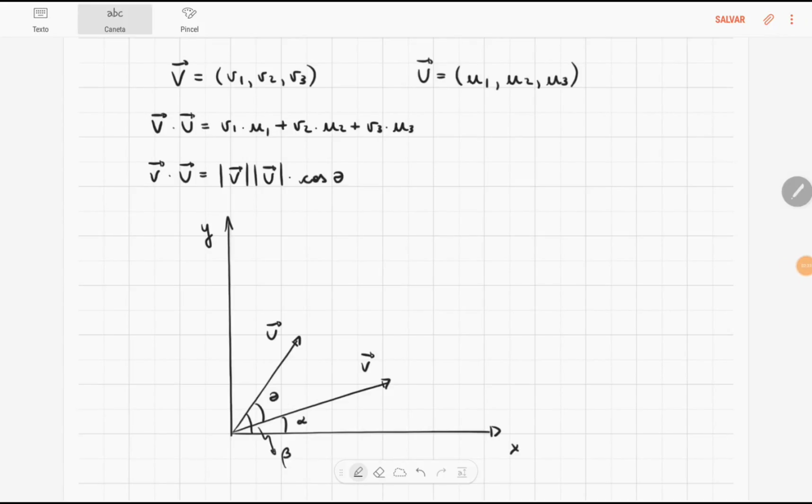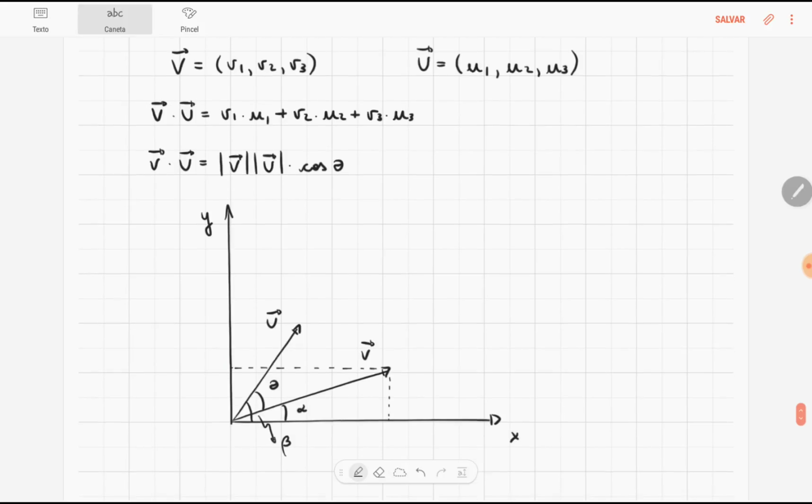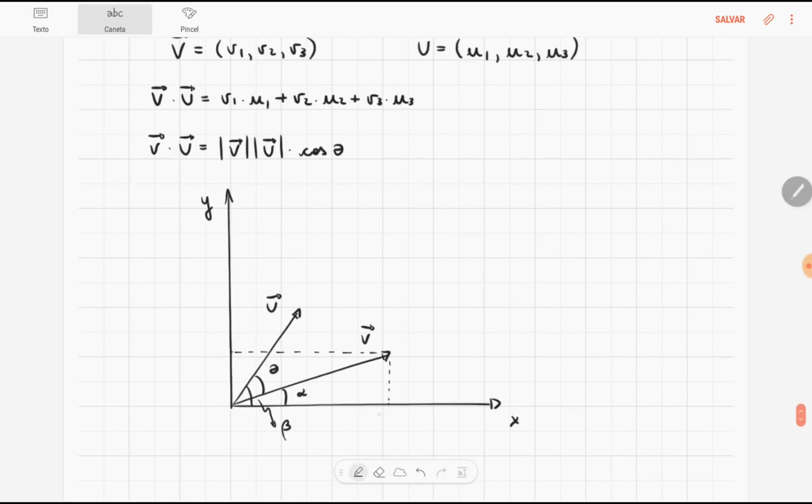So let's represent vertical and horizontal dashed lines from the terminal points of the vectors to the axes. We know that here we have v1 and here we have v2, and we also know that here is u1 and here is u2.